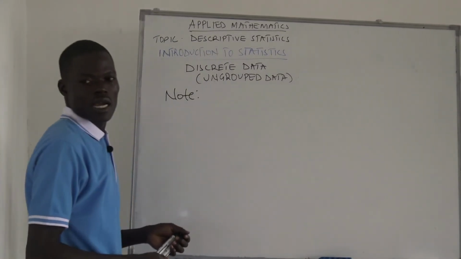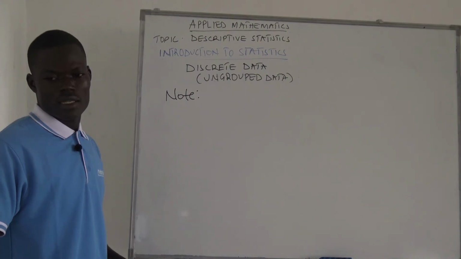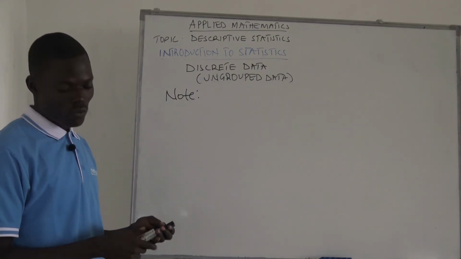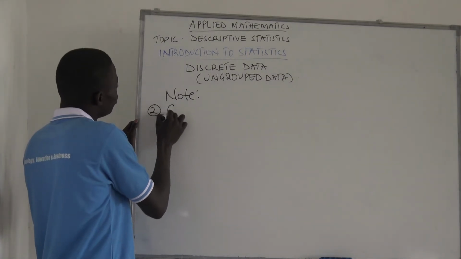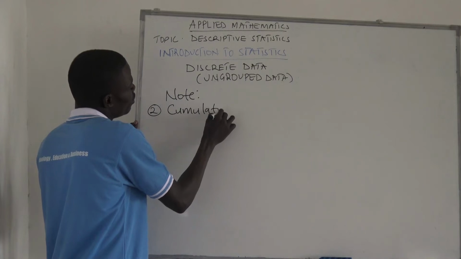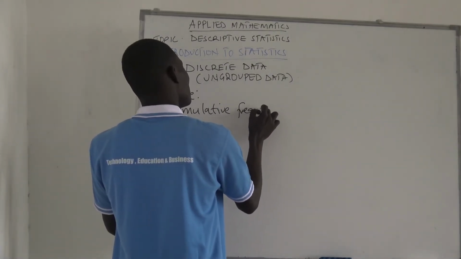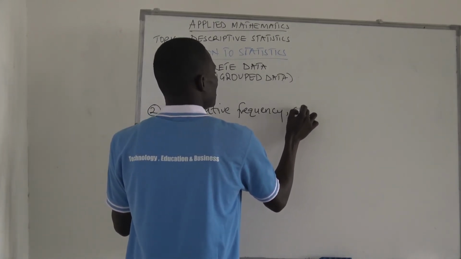The second one we have is cumulative frequency. We call it CF.